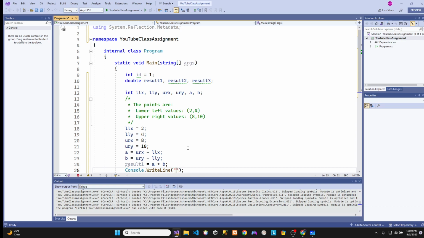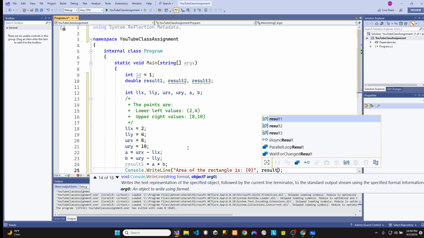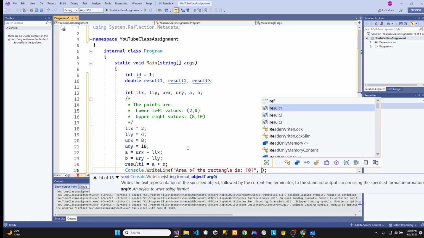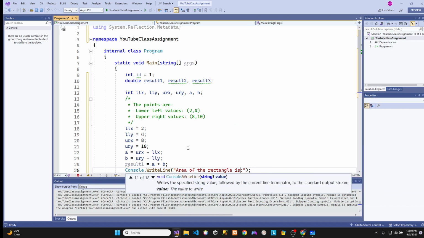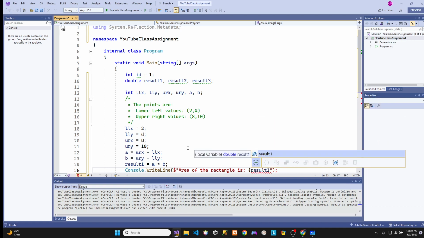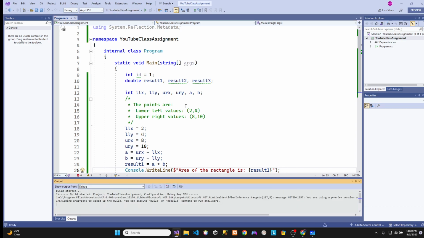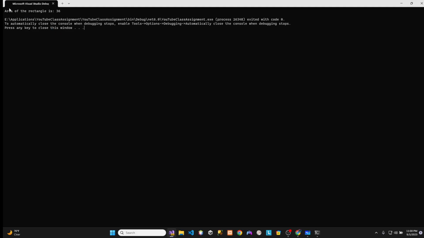We can say area of the rectangle is, and result 1 if you want to do it this way, or otherwise you're gonna do this instead. I like to use this better. Let's run this and see. So the area of the rectangle is 36.